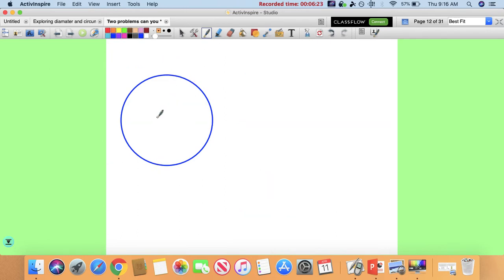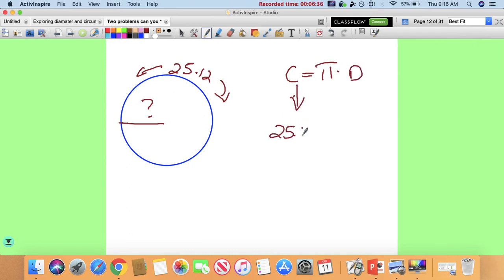Number 4 at the bottom. Again, we're looking for the radius. I know that the circumference is 25.12. C equals 25.12 equals pi d. So again, you're noticing that it's very repetitive.